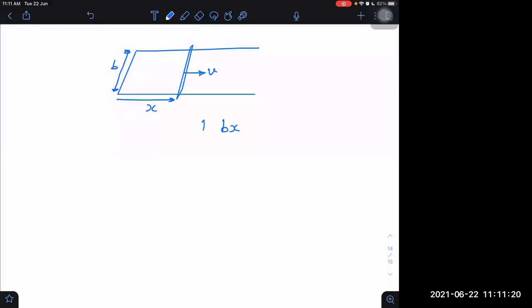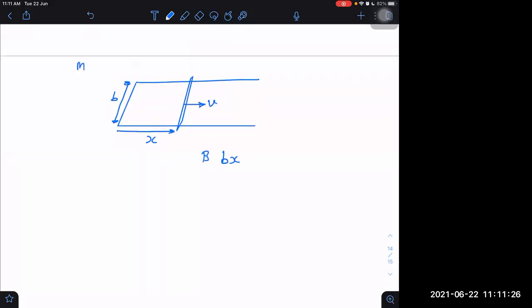And what is the flux? Let us say magnetic field exists perpendicular to the plane. If the magnetic field is perpendicular to the plane, what will be the flux?